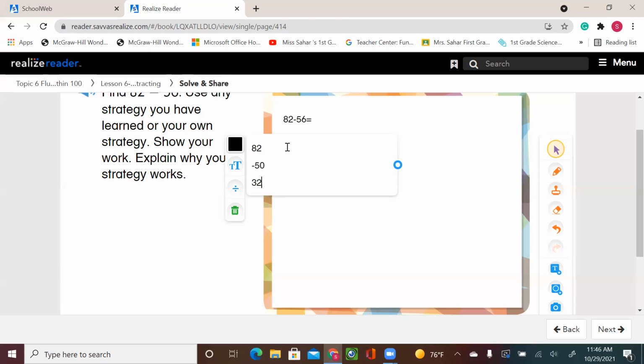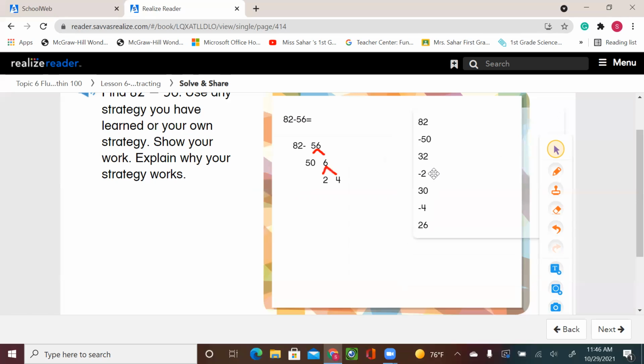Then I go down, I take away the 2, leaving me with 30, and I know that I have 4, so minus 4 equals 26. So let me put it here.